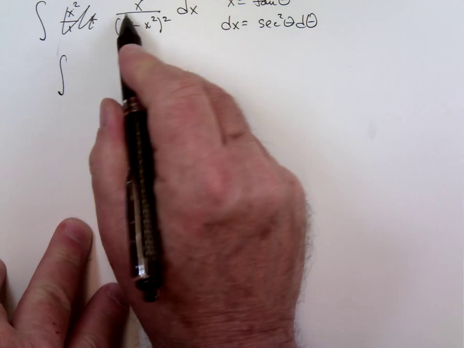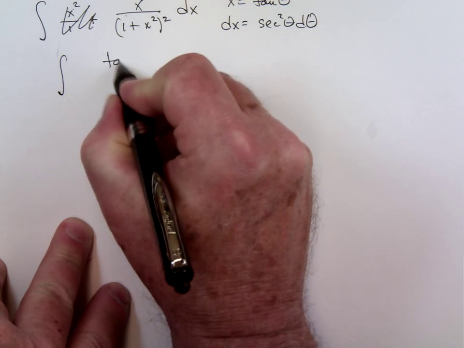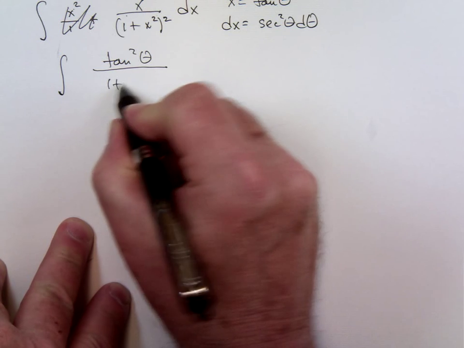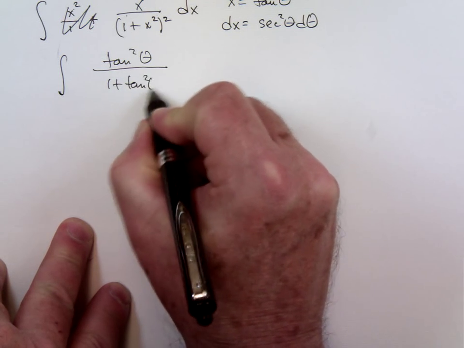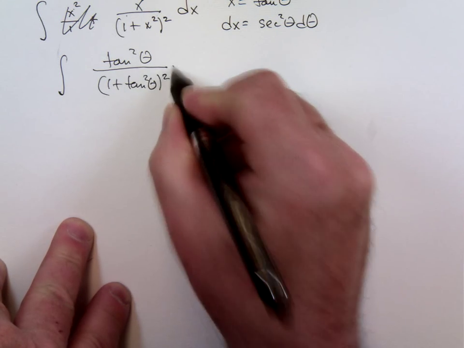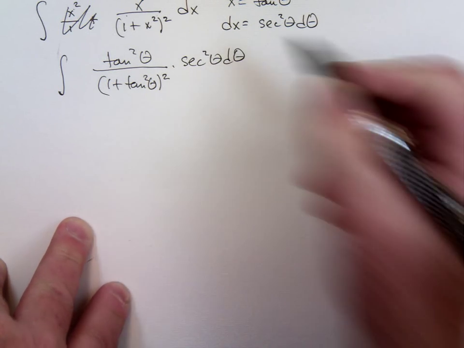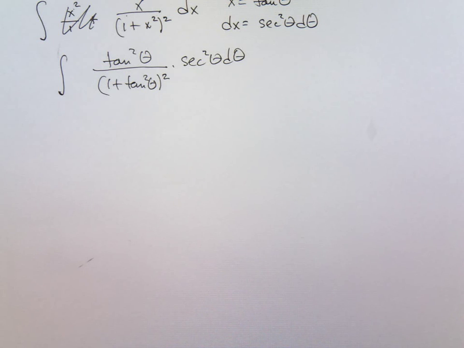Substitute in x squared, tangent squared, 1 plus tangent squared, squared. Dx is secant squared. The point is make the substitution and hopefully arrive at an integral that can be done, as opposed to the first one, which can't be done.